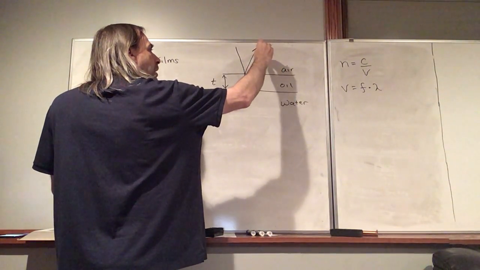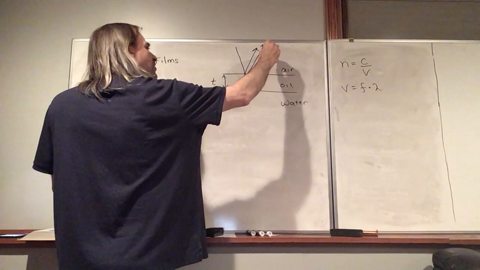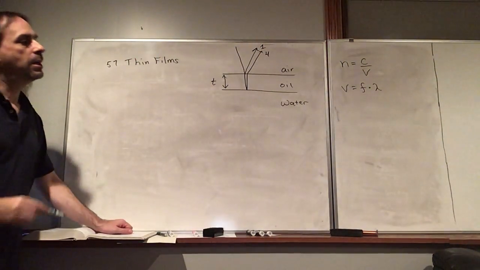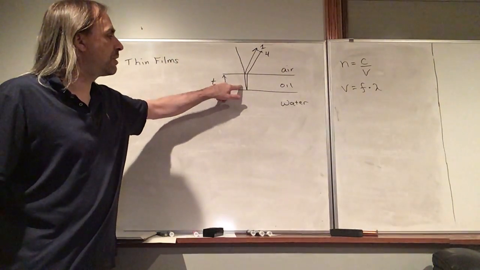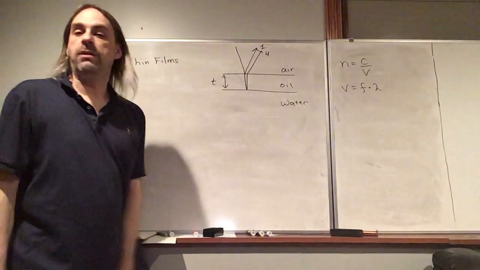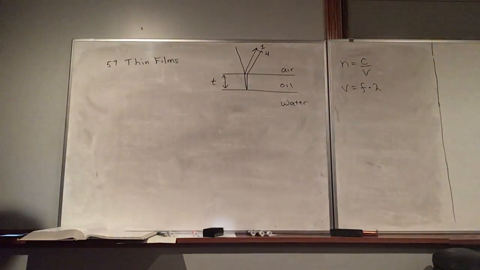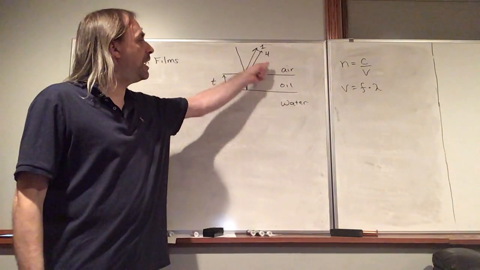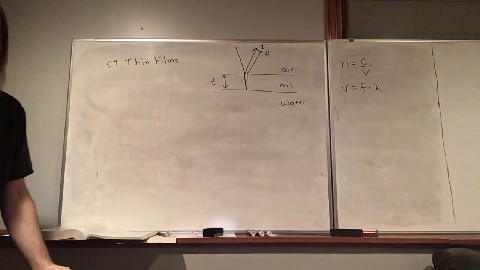We'll call this ray 2. Actually, I'm going to call this ray 4, because going from here to here is 2, from here to here is 3, and then that ray is 4. And so we're looking from above, so we're seeing a combination of rays 1 and 4.